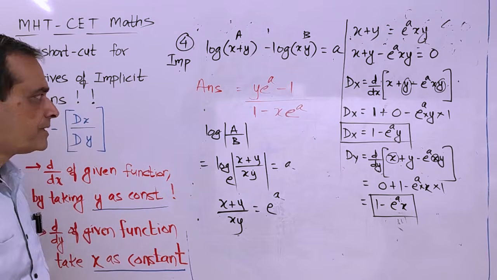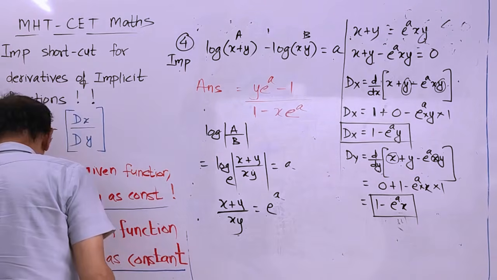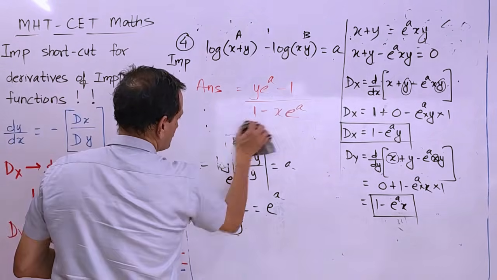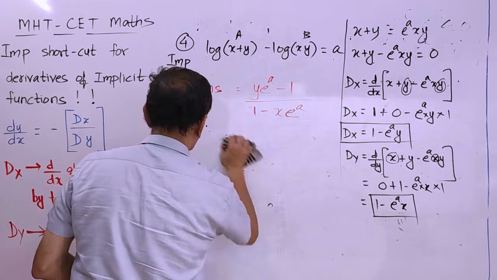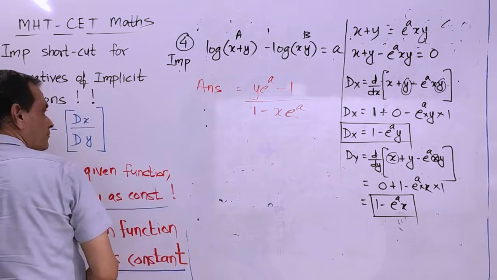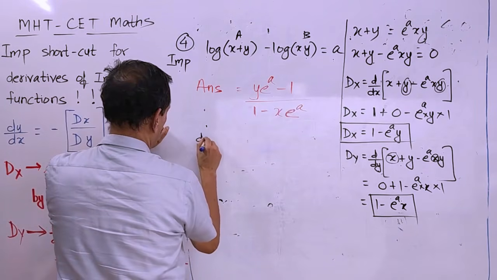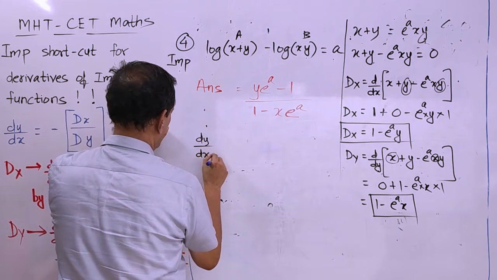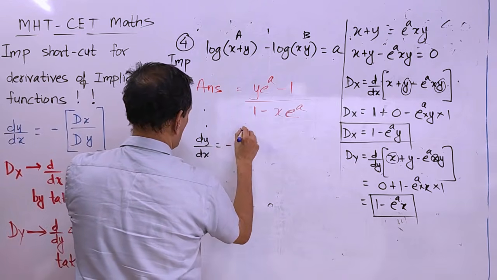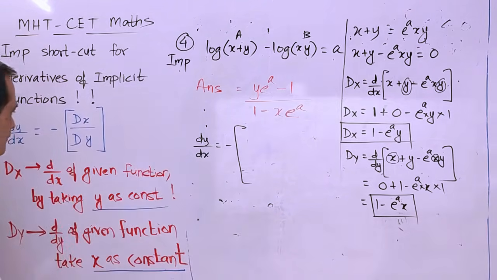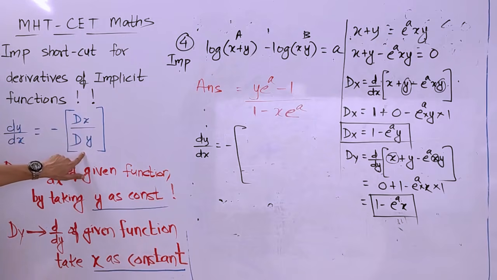Come on now, last step. See the formula. Minus dx upon dy.